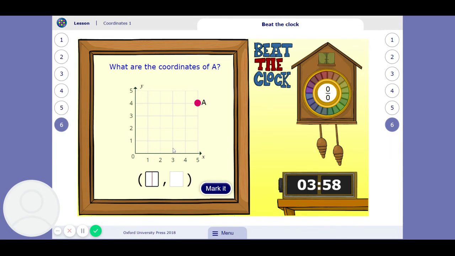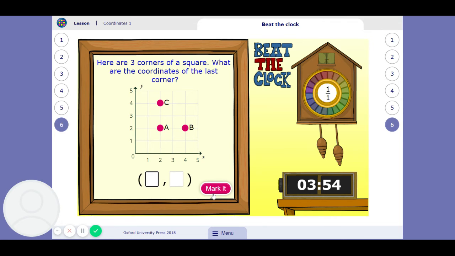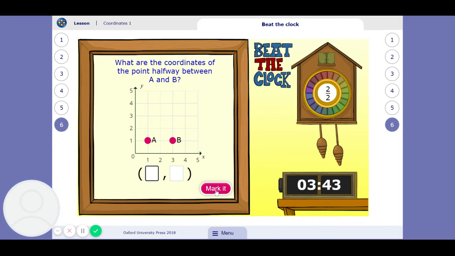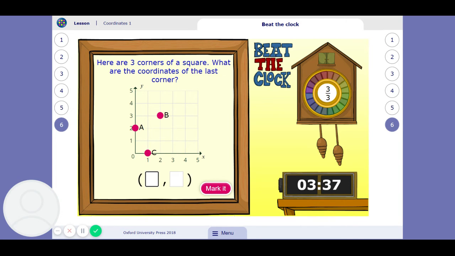So coordinates. So 5, 4. Okay, and then the coordinates. Right, what do I have for the last? Cool. Right, so it's going to be 4, 4 to make a square there. Halfway between A and B, so it's going to be 2 across and 1 up. To make a square, the square is going to go from here to here.